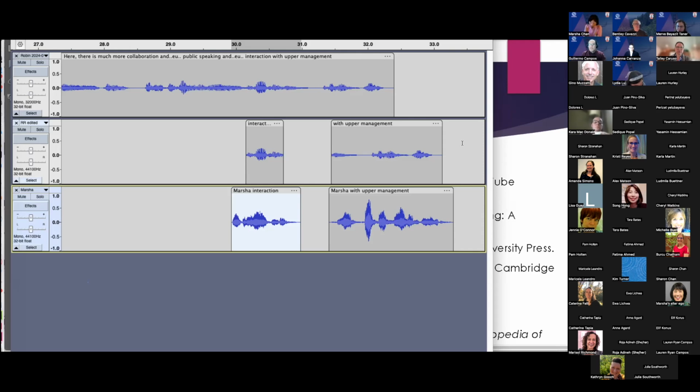But when I heard that clump, I had to tease it out before I could figure out it's really upper management. So I will work with him on focus words, how to lengthen them, and then put the stress in the correct locations. Thank you.